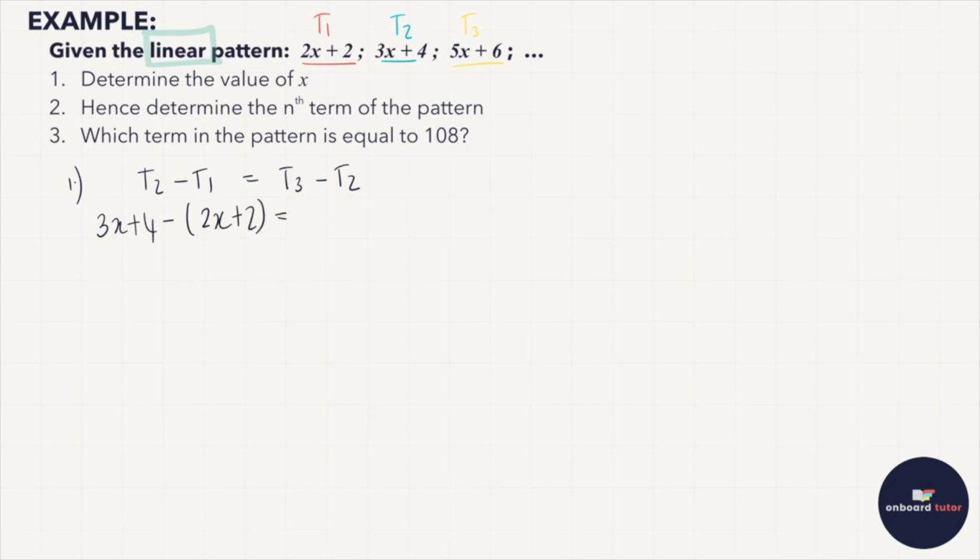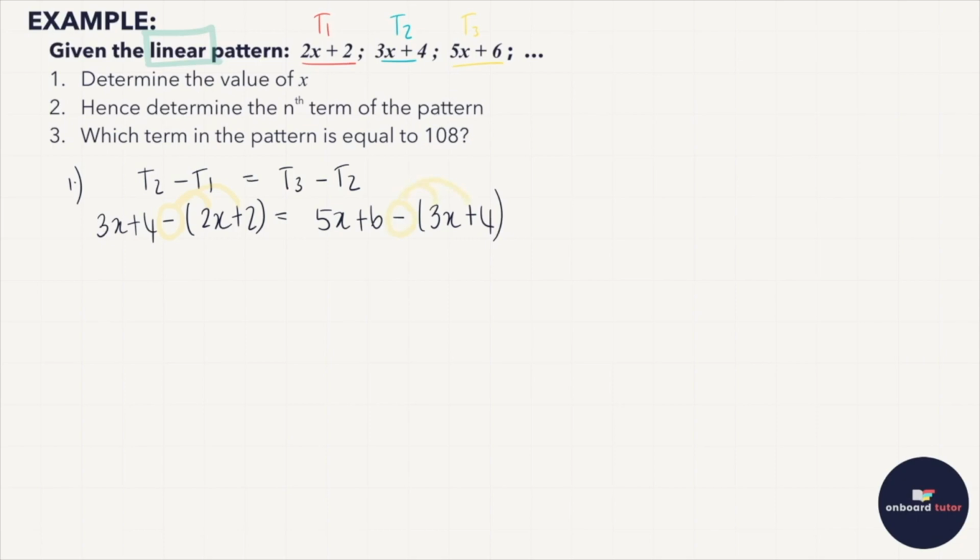Look at those brackets. Those are going to help me not to make any sign mistakes. And then term 3 is 5x plus 6 minus term 2, 3x plus 4. All right, now before I simplify this any further, I'm going to take this negative and multiply it into the bracket, and I'm going to do the same on both sides.